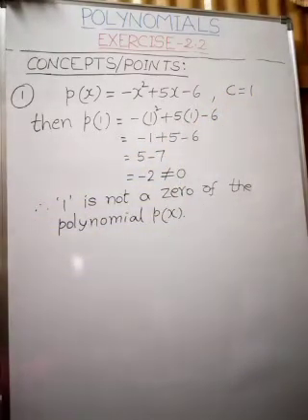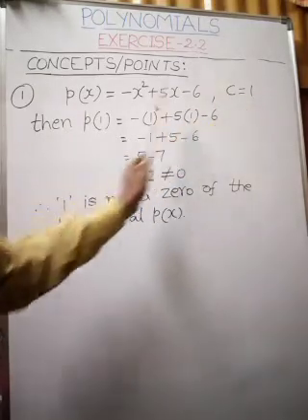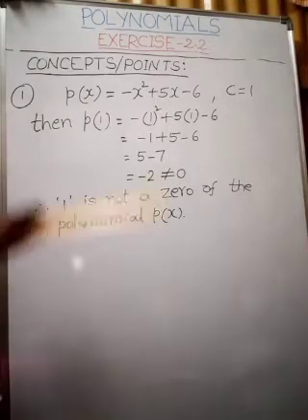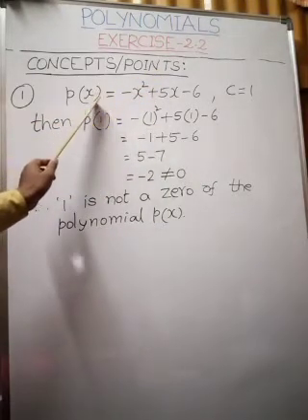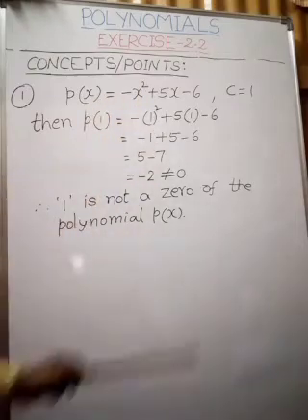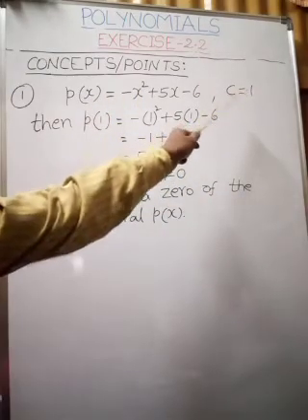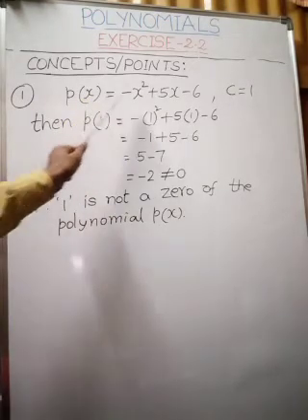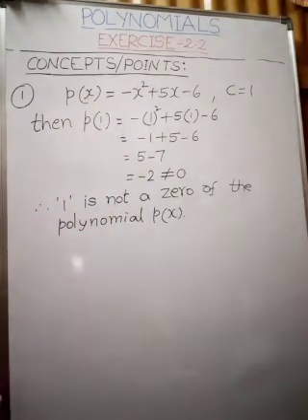Now let us check whether this number 1 is a 0 of the polynomial or not. What are the steps to be followed? We have to substitute x is equal to 1 in this polynomial. What is the given number here? 1. So we have to substitute 1 in the place of x in the given polynomial.